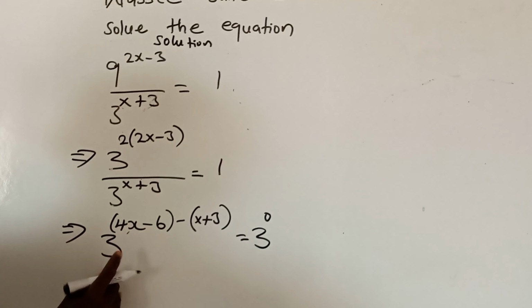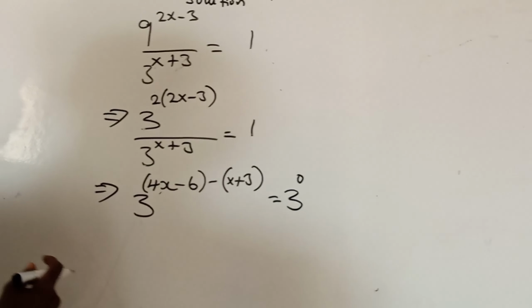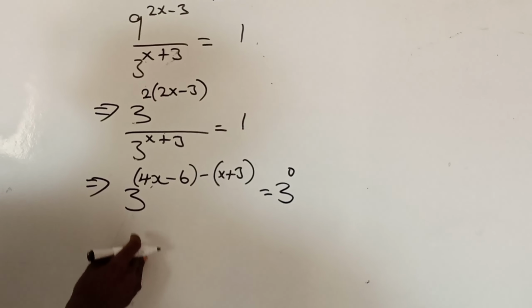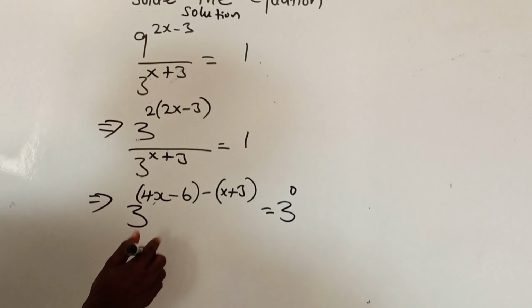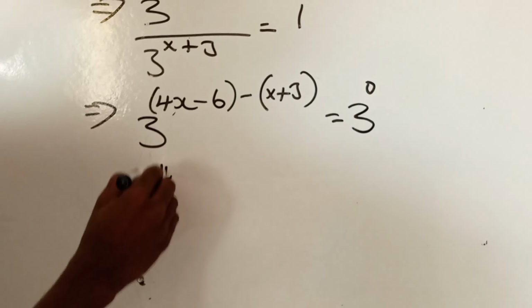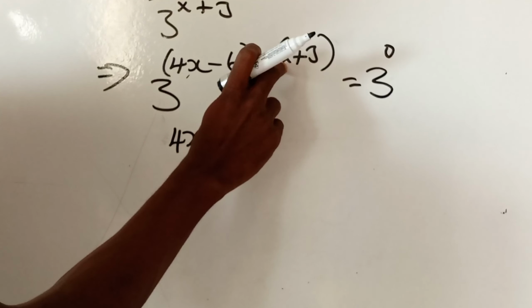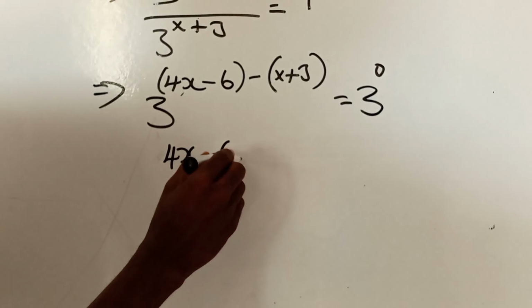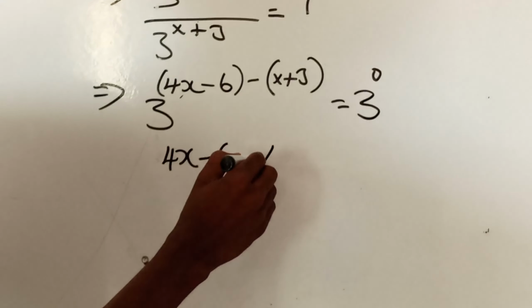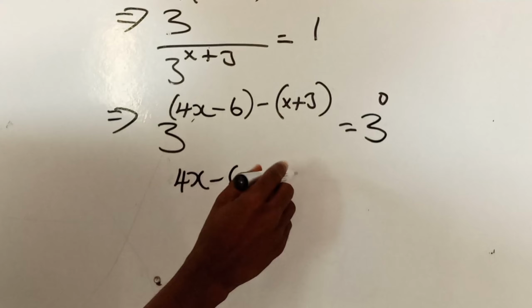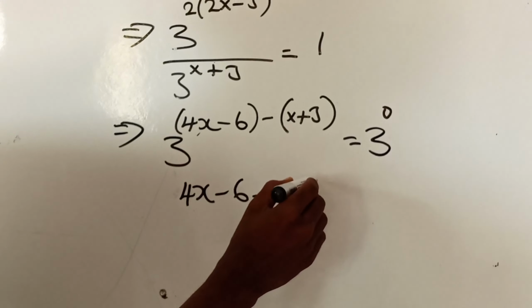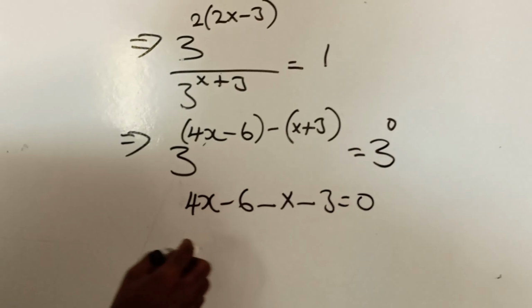So the bases are the same, you just need to take the powers and equate them. You say 4x minus 6, minus times plus x is minus x, minus times plus 3 is minus 3, equals 0.